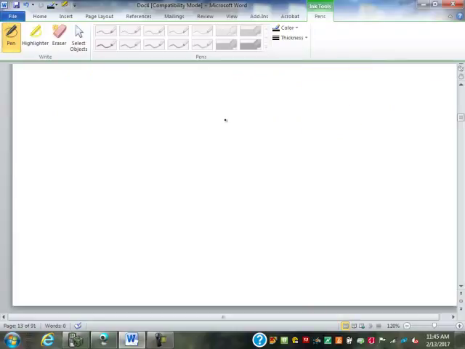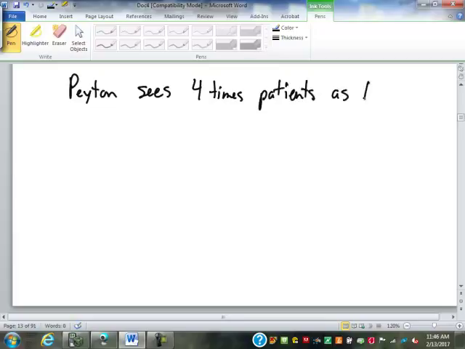Now there are different variations on that. I'm going to go to an example that's not quite medically related. Let's do a similar one. Let's say that Peyton sees 4 times as many patients as Alex.